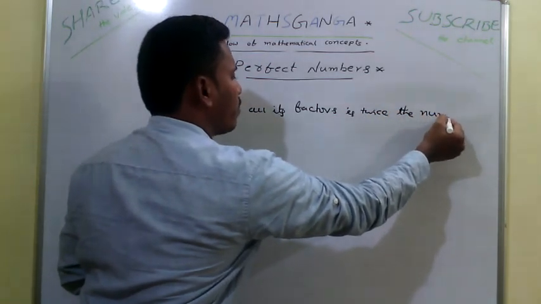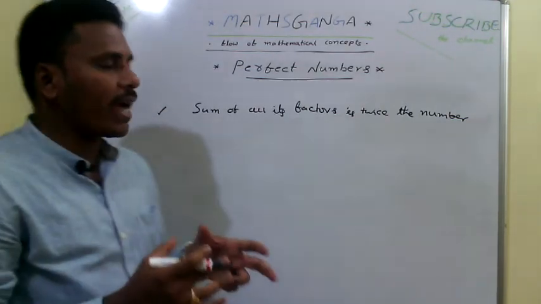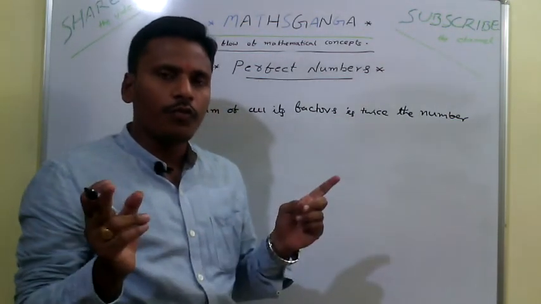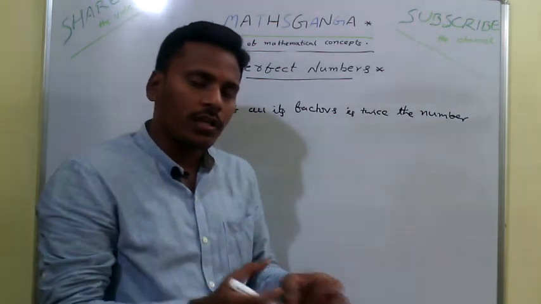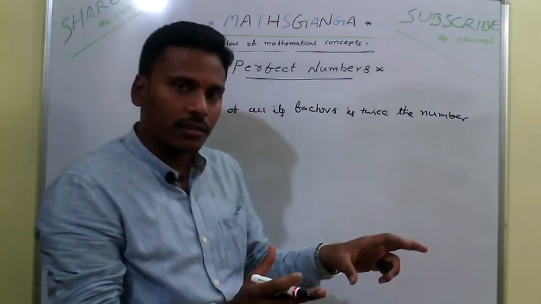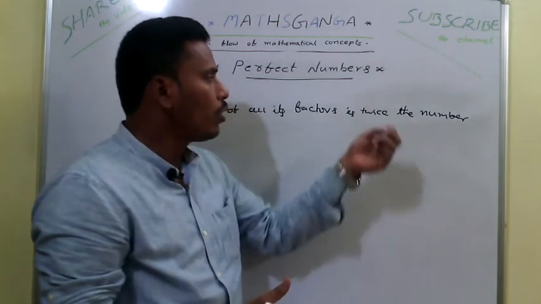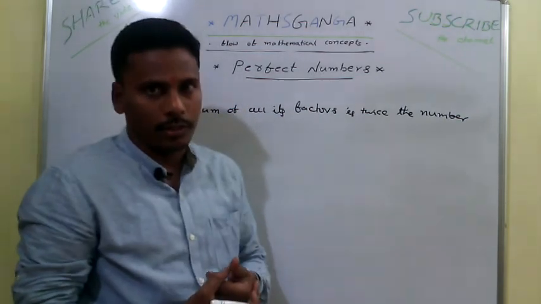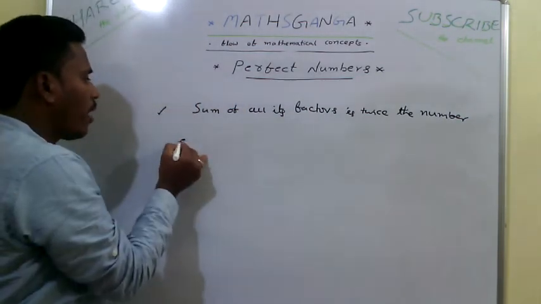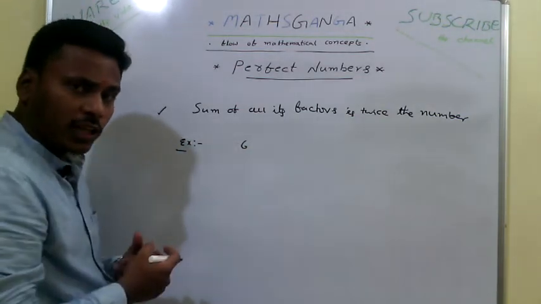If you list the factors of a number and add all the factors, and the sum of all those factors is equal to twice the number, then we call that number a perfect number. For example, if you have a number 6, write the factors of 6.